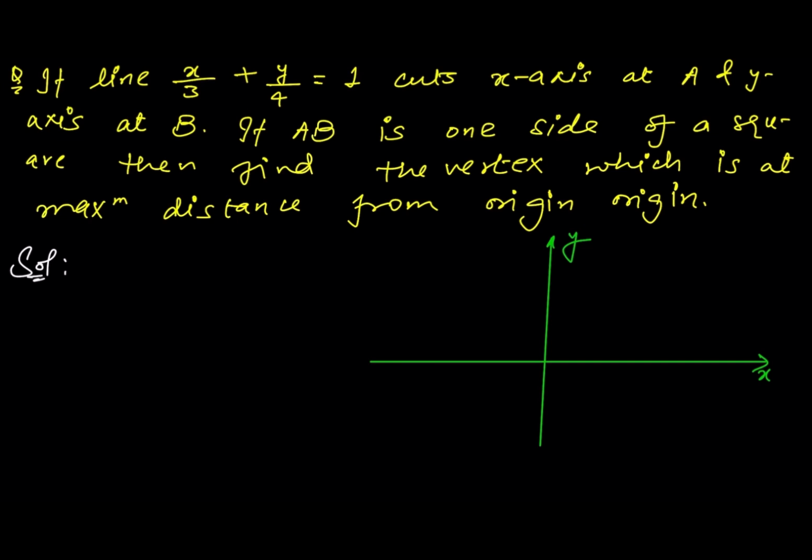A line x upon 3 plus y upon 4 is equal to 1 cuts x-axis at A and y-axis at B. So let us draw a line which is cutting x-axis at A and y-axis at B. And equation of line is x upon 3 plus y upon 4 is equal to 1, implies this A is 3, 0 and B is 0, 4.